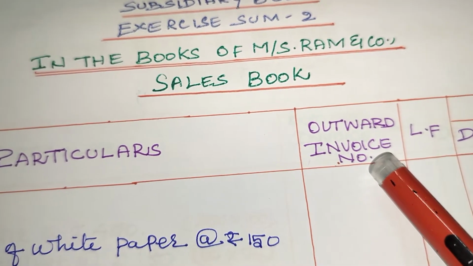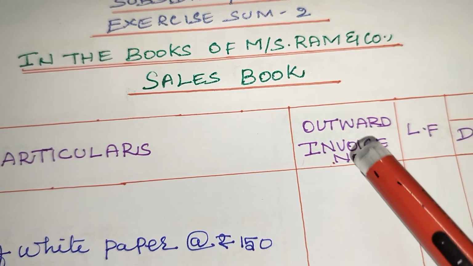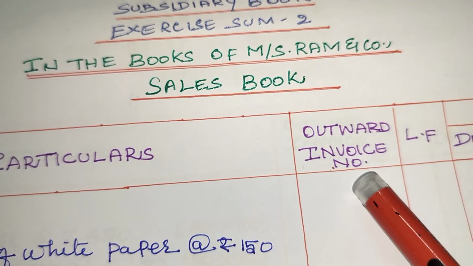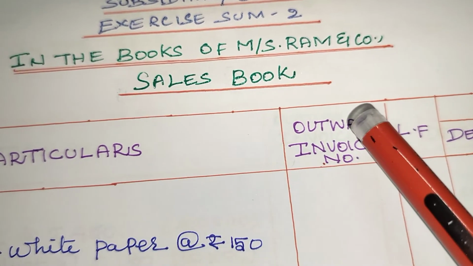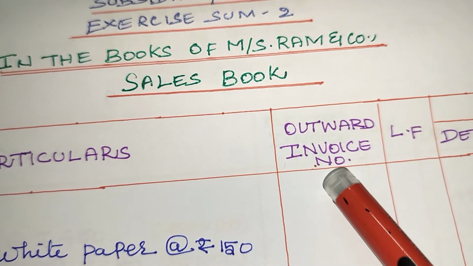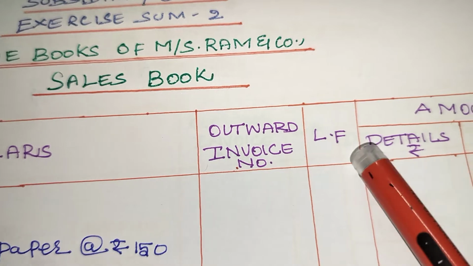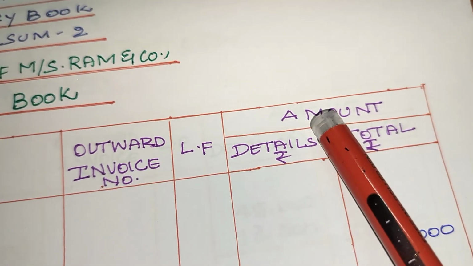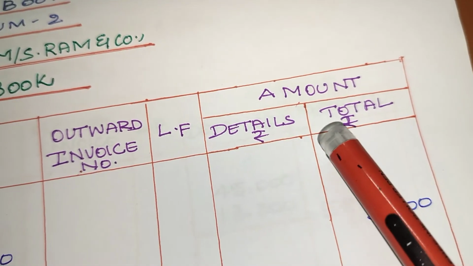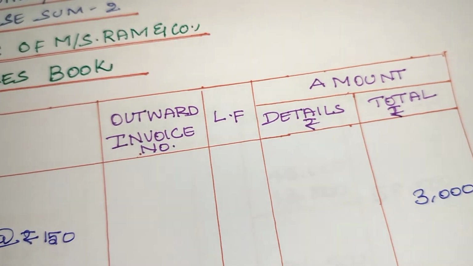Whenever you prepare the sales book format, you have to write outward invoice number, and whenever you prepare the purchases book, you have to write inward invoice number. This is the sales book, so you write outward invoice number, and LF and amount are divided into two columns, that is details rupees and total rupees.